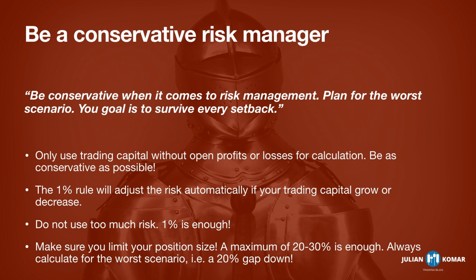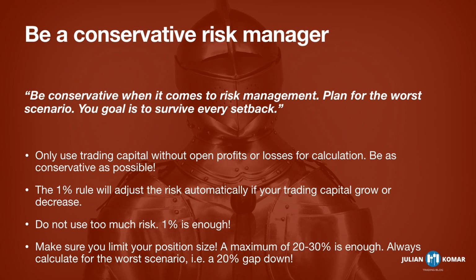And also 2 other recommendations from my side. Do not use so much risk. 1% is enough. You saw that you are able to trade a 20% position with only risking 1% of your total capital. And that only depends on the stop loss, on the distance between entry and your stop loss. So the smaller your stop loss, the higher is your position size.